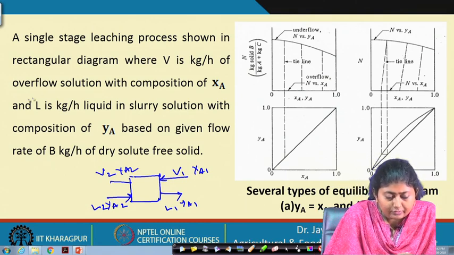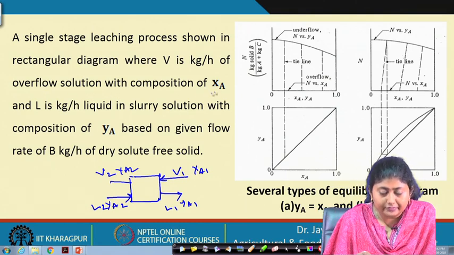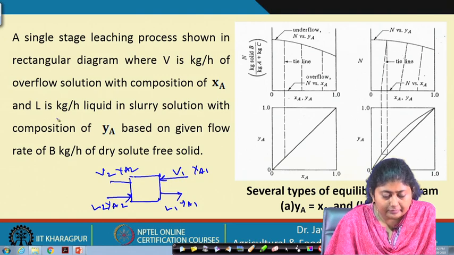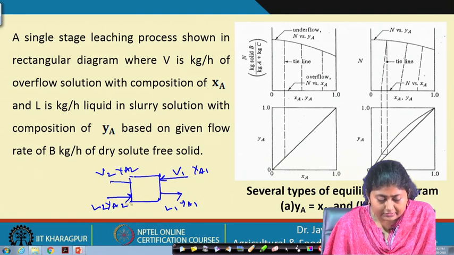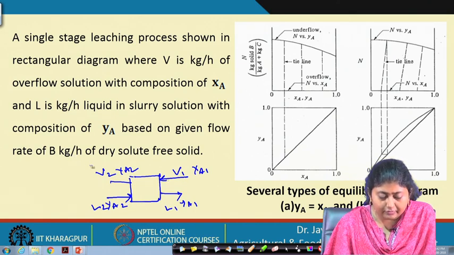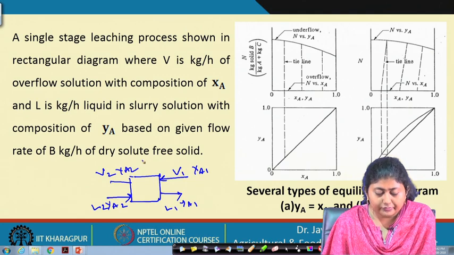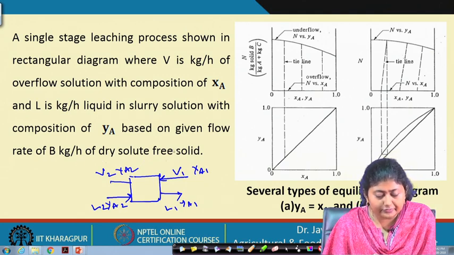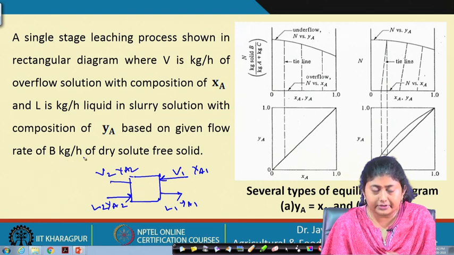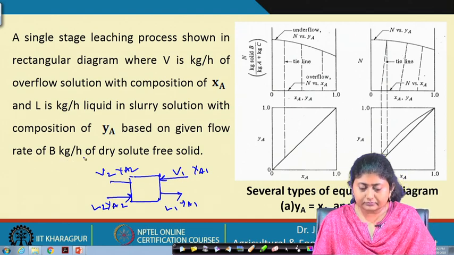So, the overflow solution has composition of X A, and L kg per hour is the liquid slurry solution with composition of Y A, based on the given flow rate of B in kg per hour of the dry solute free solid. So B here is the dry solute free solid, and in that term we are taking B as an inert.